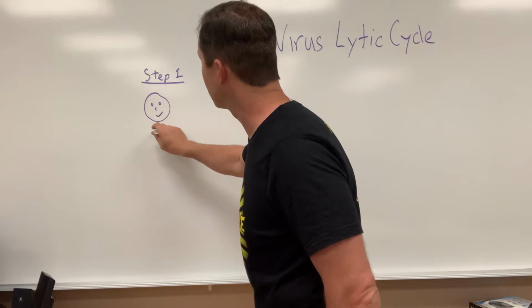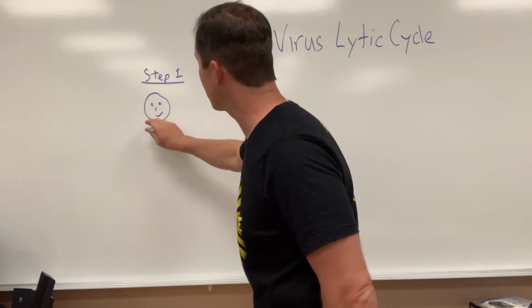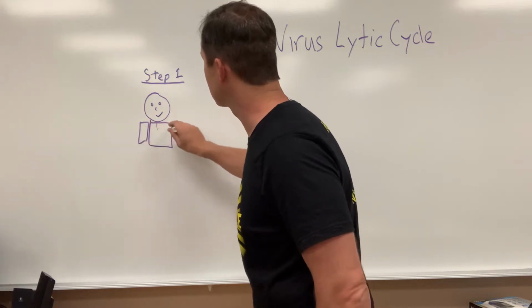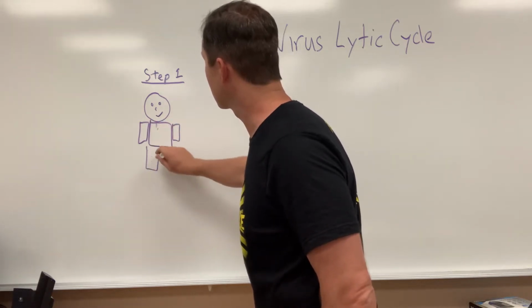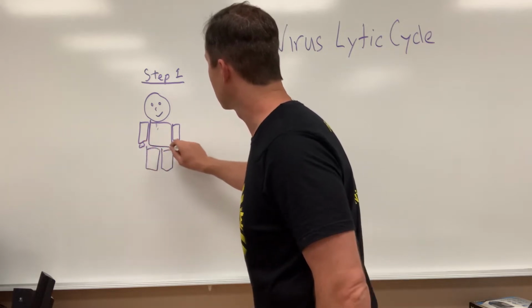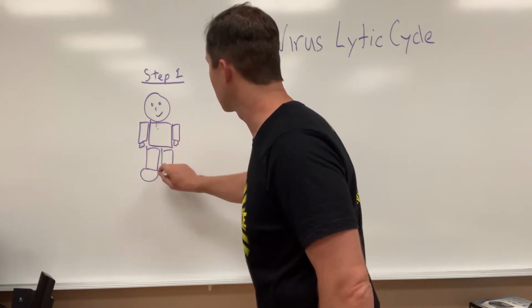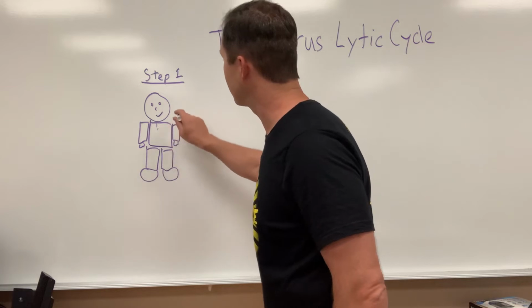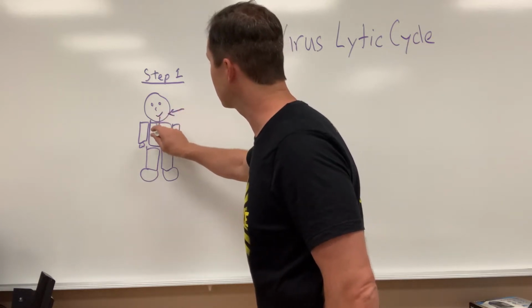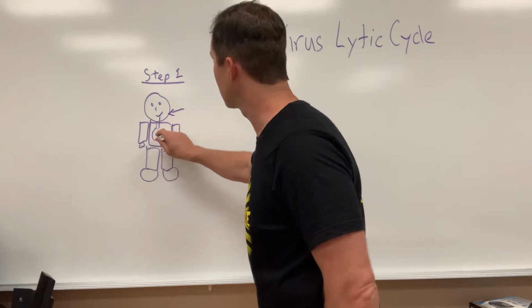And let's see, Sammy had more of a box body, and these boxy arms, and boxy legs. All right, and the virus goes into Sammy's lungs.